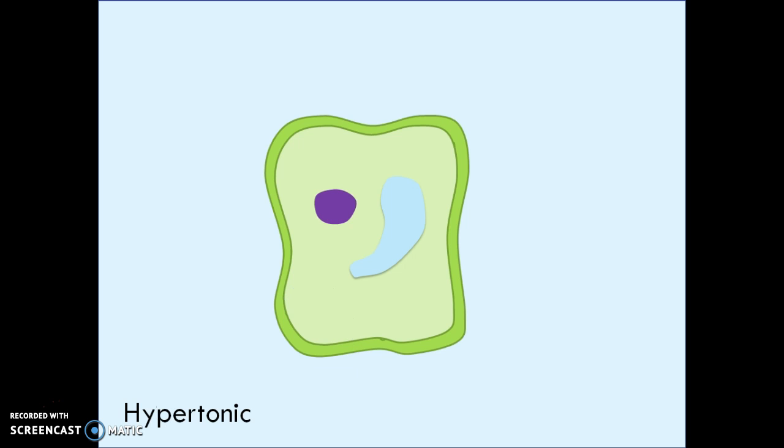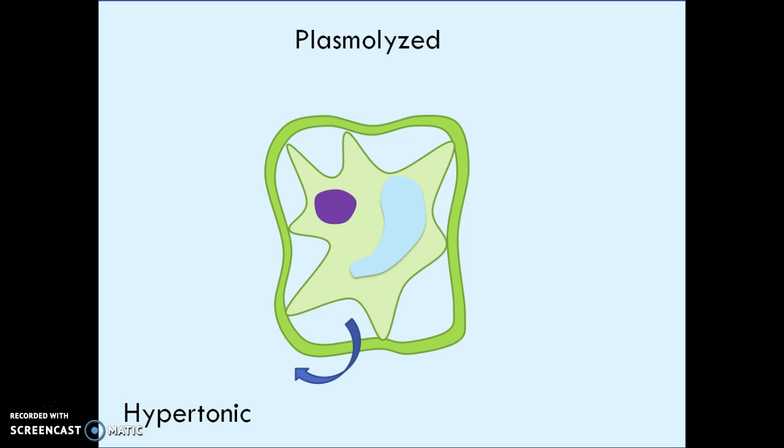Now, if we have a hypertonic solution, water is going to leave the cell, and this is really disastrous for plant cells because the cell membrane actually pulls away from the cell wall, and we say that the cell has plasmolyzed. This is fatal to plant cells if they're in hypertonic solutions and they lose too much water.